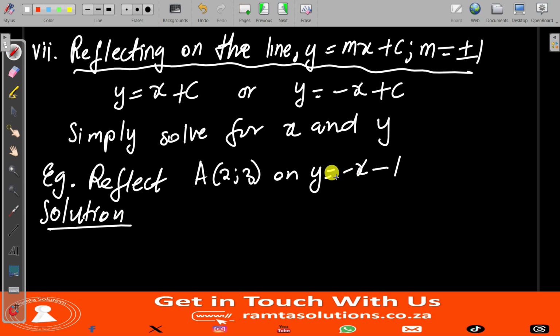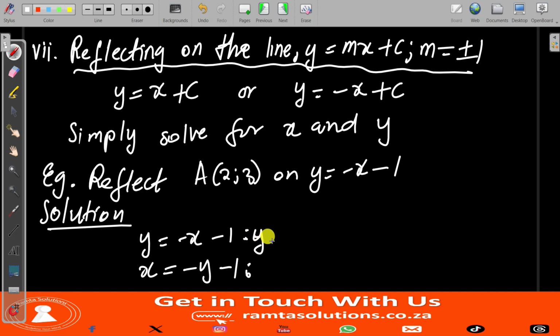We can see y equals negative x minus 1. We are good, but we need the x value, isn't it? So this implies x equals negative y minus 1, isn't it?